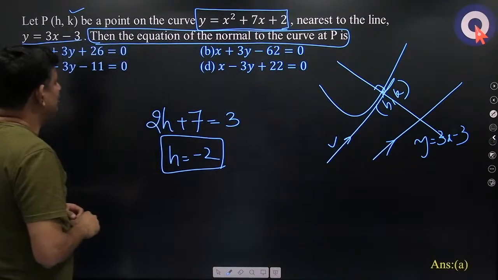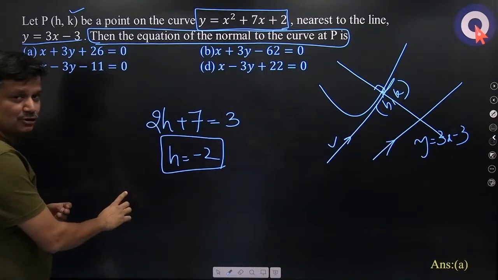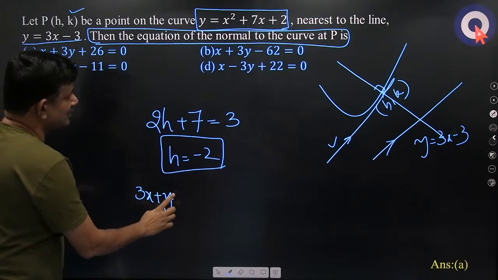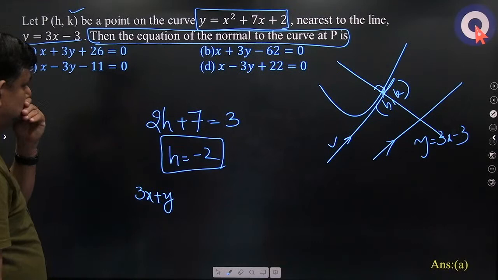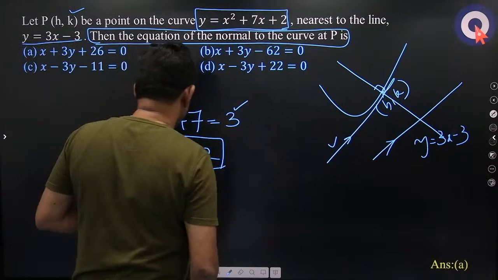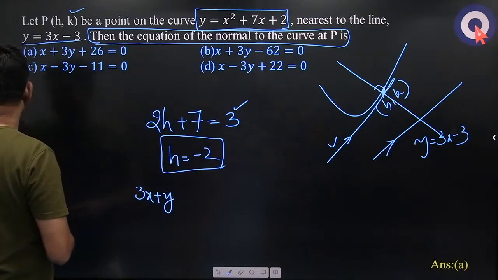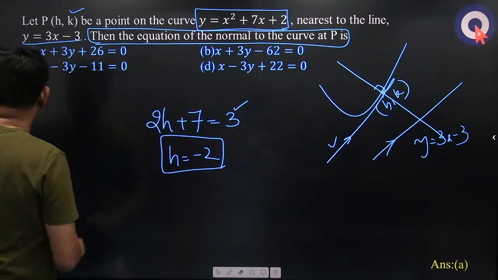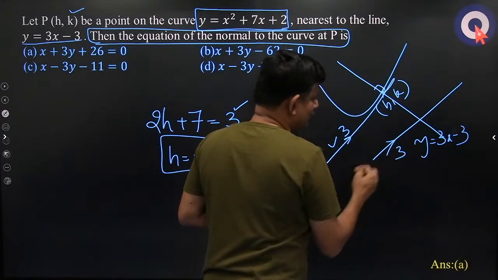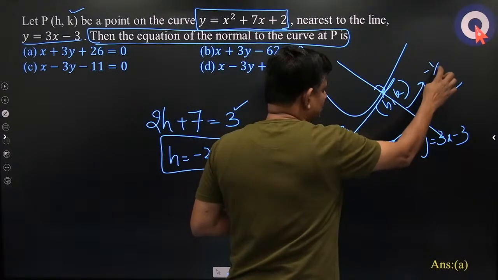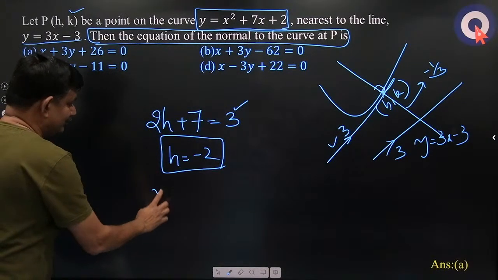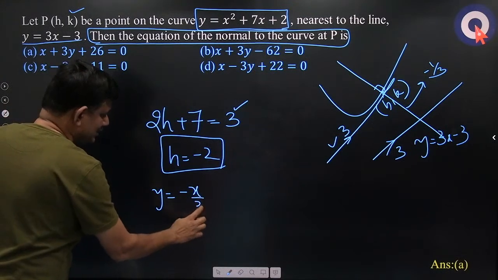So what will the normal slope be? The tangent slope is 3, and the normal slope will be minus 1 by 3. Any line with slope minus 1 by 3, how will it be? Y is equal to minus x by 3 plus c.